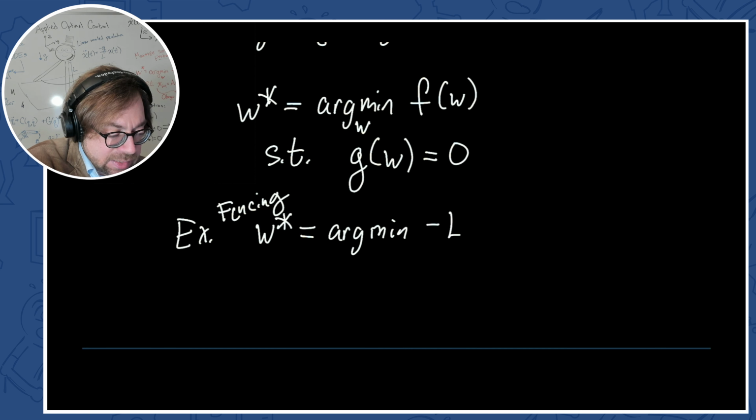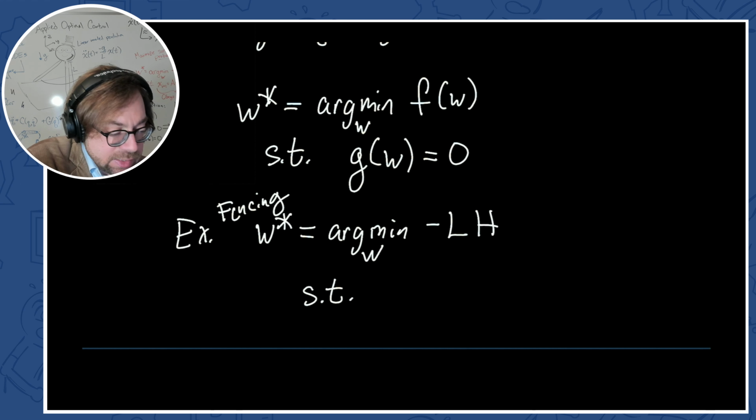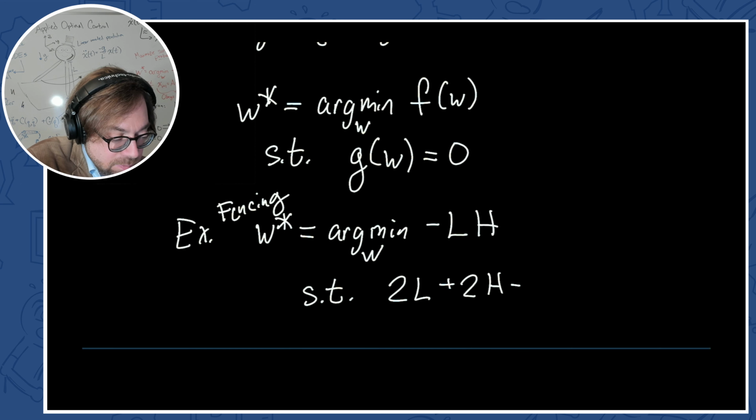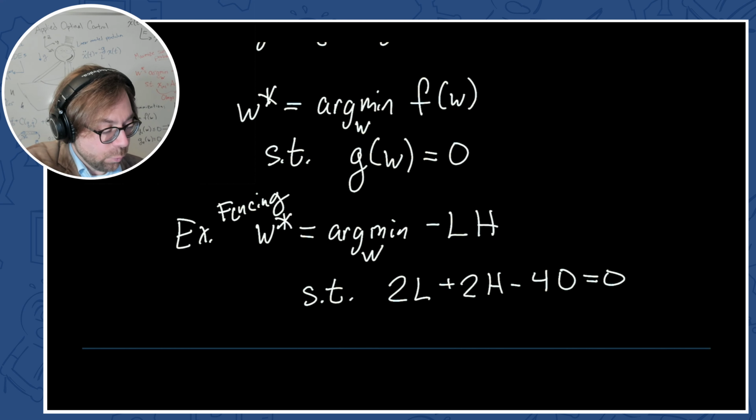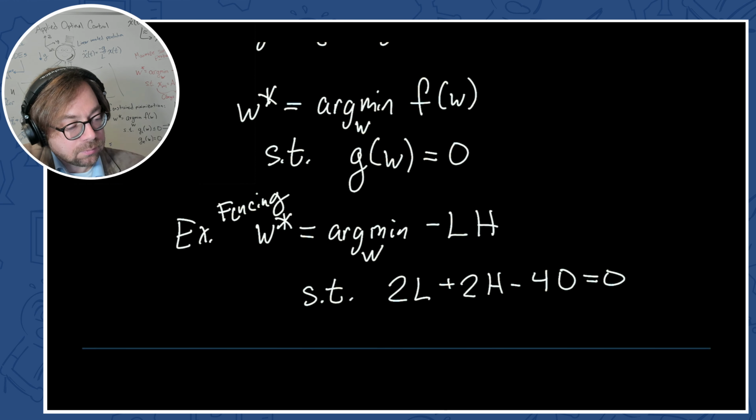Is equal to minus length times height, where you want to know w, subject to the constraint that 2L plus 2H minus 40 equals 0. Hopefully that's fairly obvious how you get that from our previous perimeter constraint. This is our fencing problem.